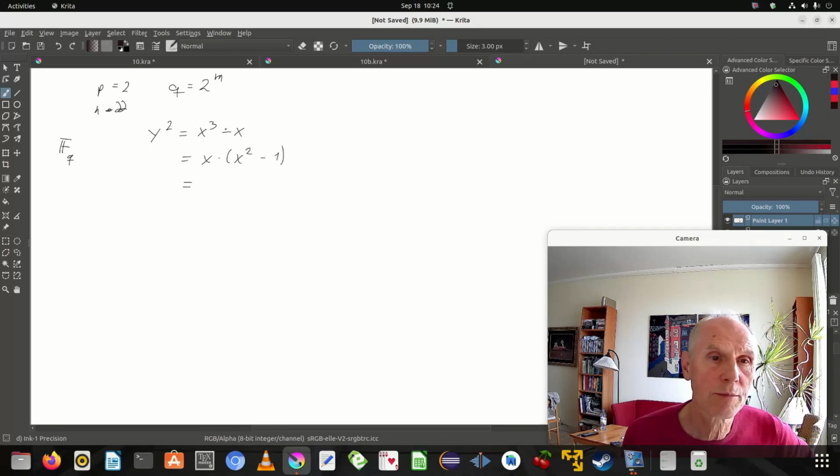I could have written that up here, of course. -1 in Fq maps to +1, because we have characteristic 2. And this actually equals x plus 1 squared.